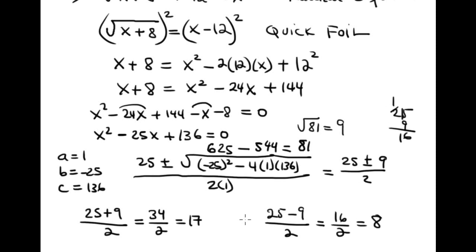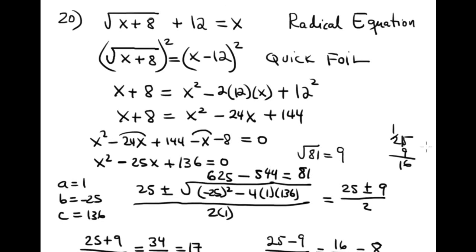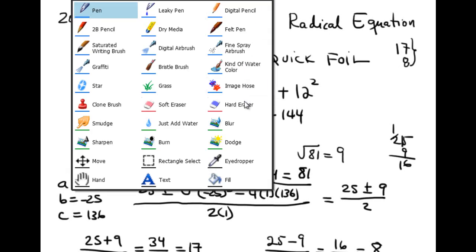Okay, so we have two potential solutions. You must check them because remember it's a radical equation. So far the solutions are 17 and 8. I need to check these potential solutions.